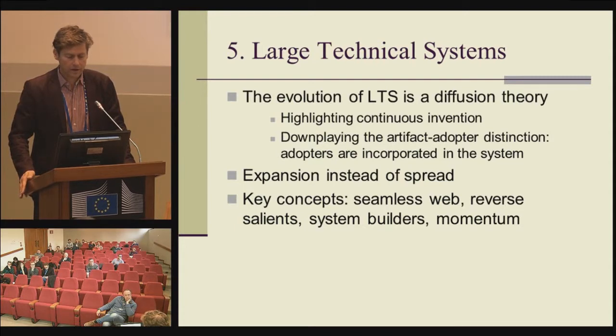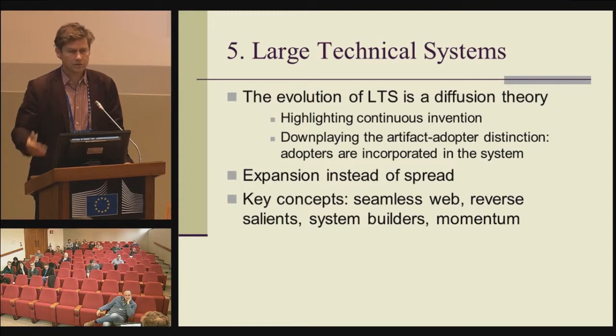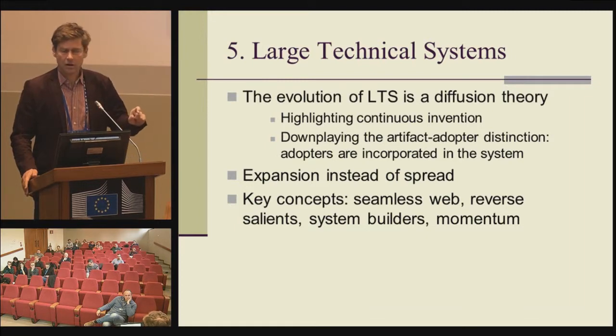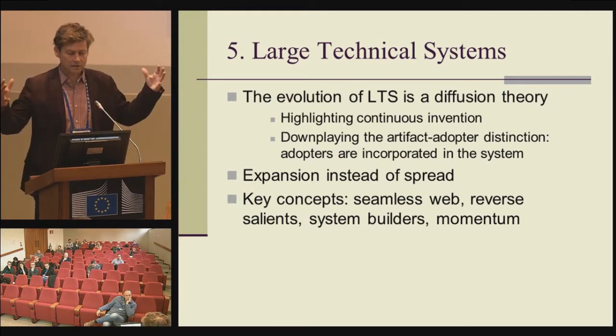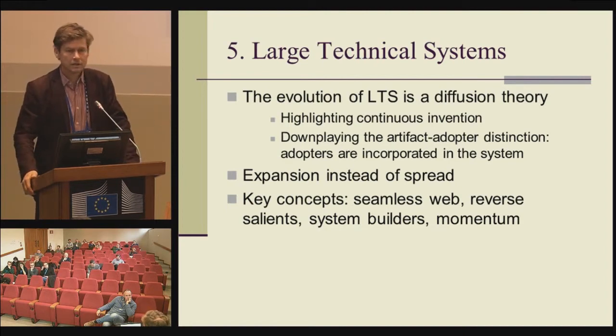He could do that by having very high resistance light bulbs, because then the amount of energy produced in these light bulbs would be high, whereas the loss in the electricity system would be low. Otherwise, he would have used very thick copper cables, but now he could use them very thin. So the point is that he started from reasoning from the whole large technical system, and then in a reverse way decided what he should do. The system builder.